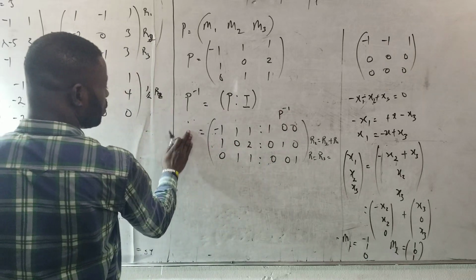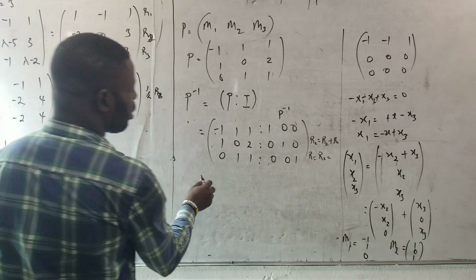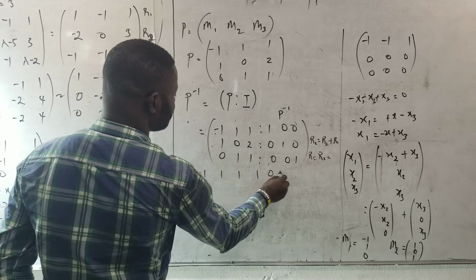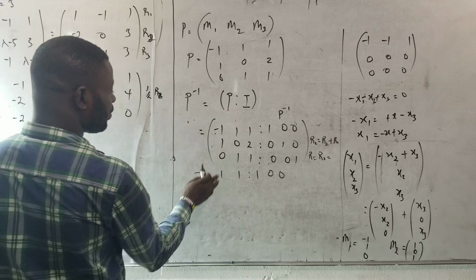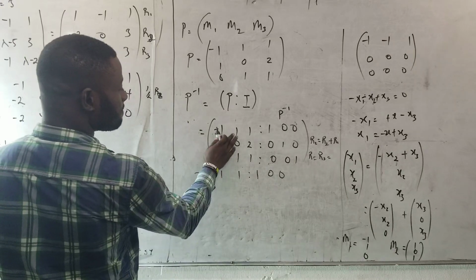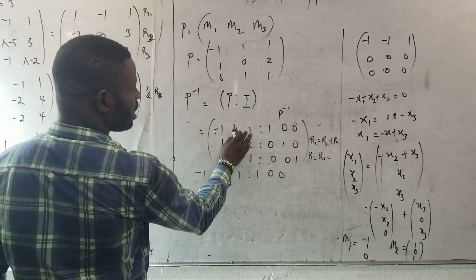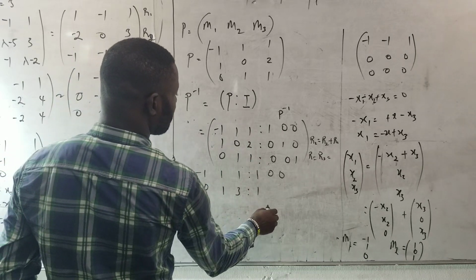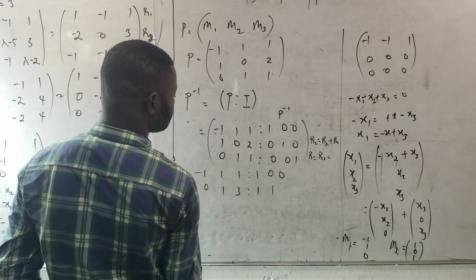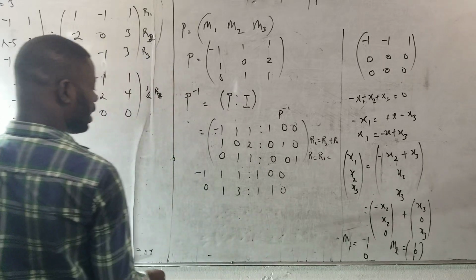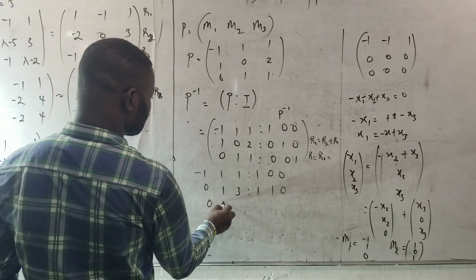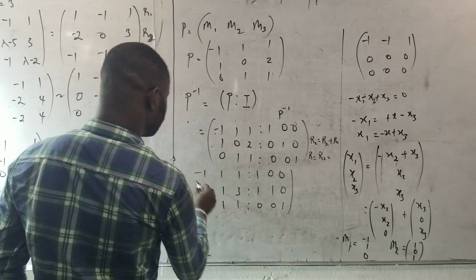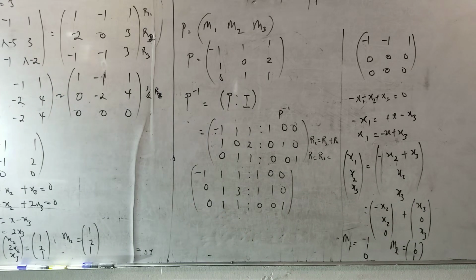Now at this junction, I'll be having minus 1, 1, 1, and 1, 0, 0. This one will be 0, 1, 3, 1, 1, 0. Now, this one will be 0, 1, 1, 0, 0, 1.